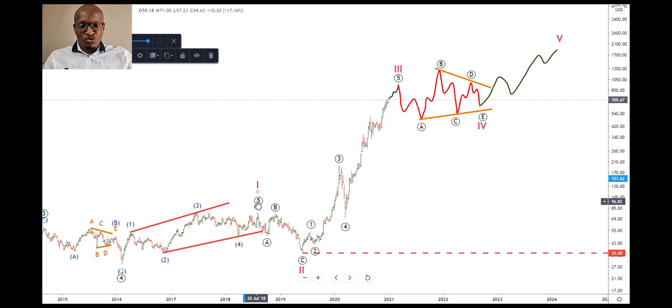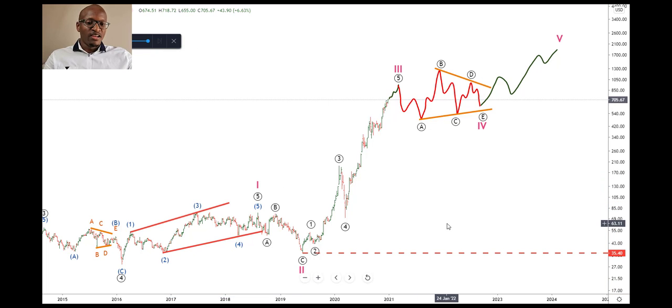But in the short term, I am forecasting this pullback. So, but like I say, I wouldn't be looking at shorting Tesla. I would wait for this pullback for wave 4 and then look to join the upside again as the bull market is still intact. So that is where I see it.